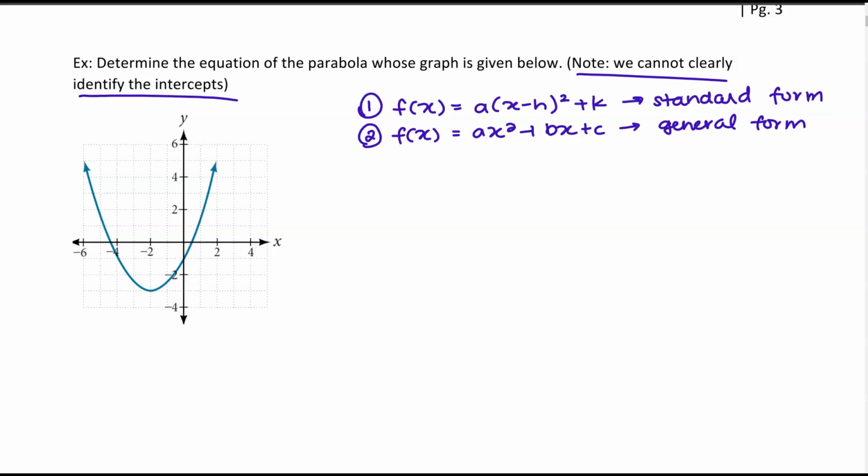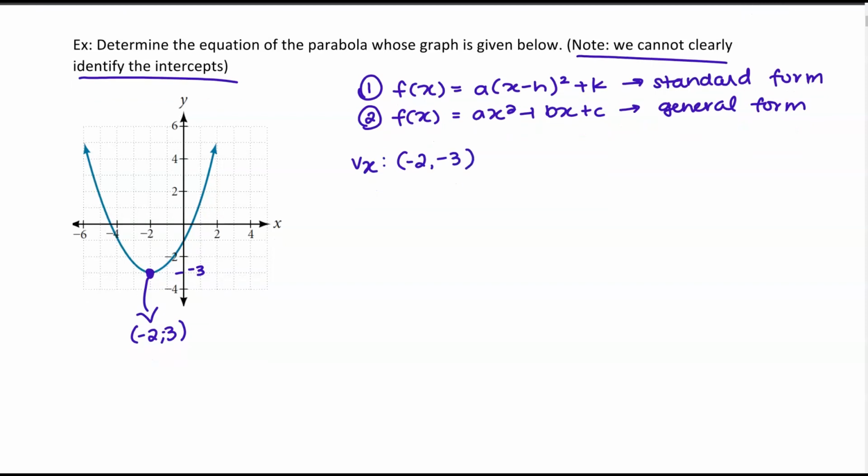So what are some things that I can obtain from the graph? One thing that I see that is easily readable is this vertex, right? Notice that this vertex is given to us as -2, comma -3.